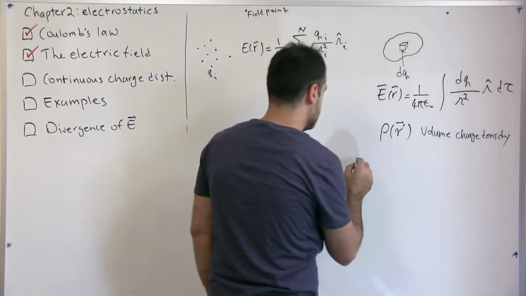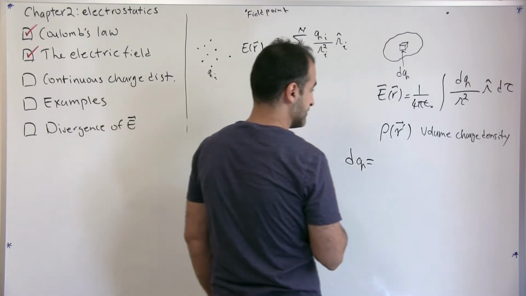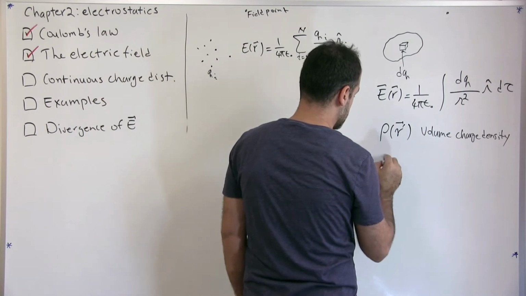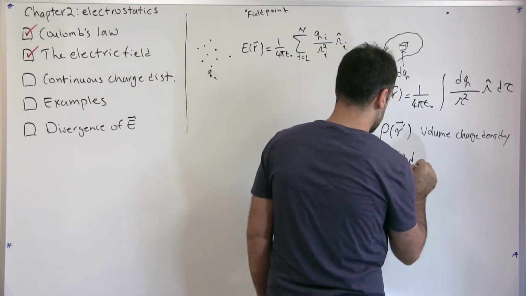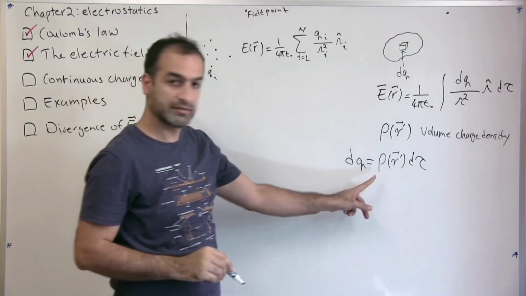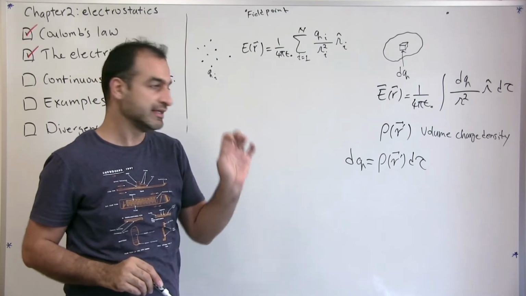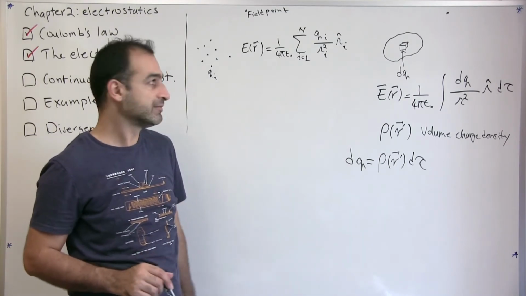Okay, and then dq, the charge within the infinitesimal volume, is rho(R prime) times d tau. d tau is a volume, rho(R prime) is the charge density within that volume, and then we get dq, which is the charge in that, okay?